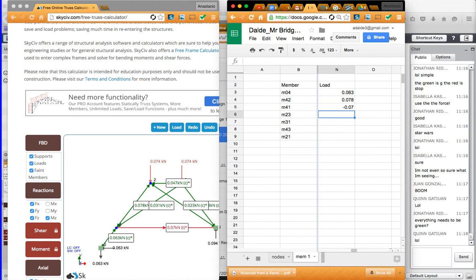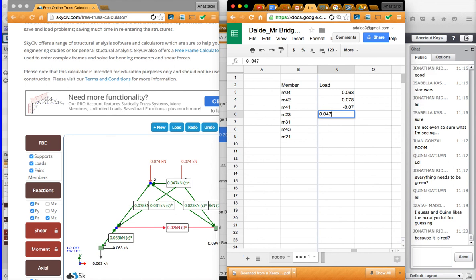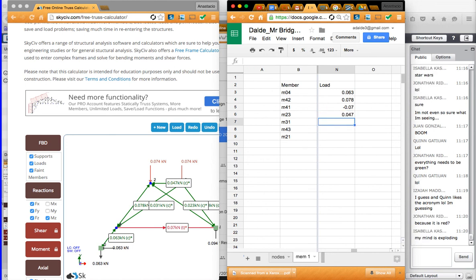That's a bad number. Let's see, member 2-3 is in compression at 0.047. Yeah, it's bad because it's red.